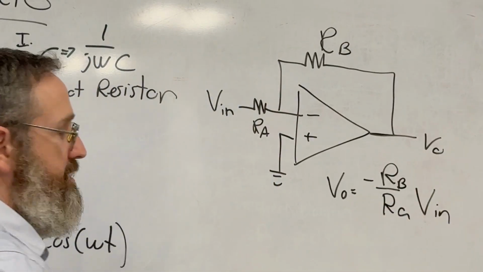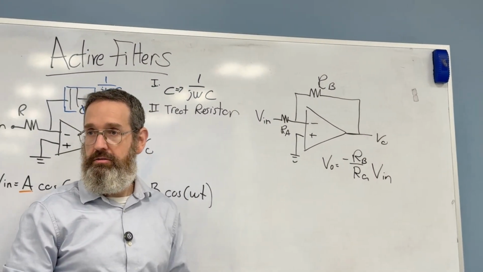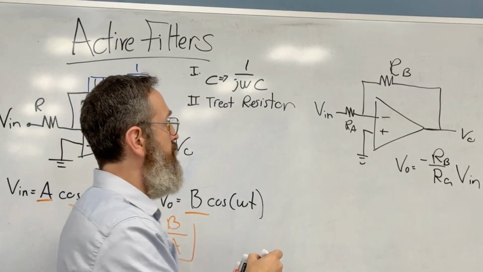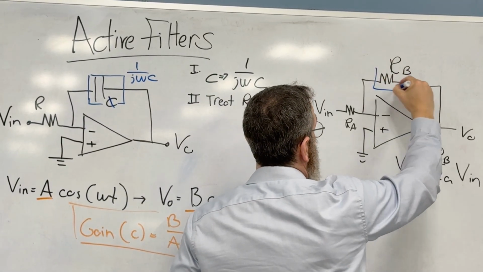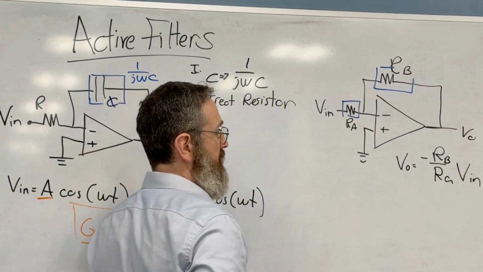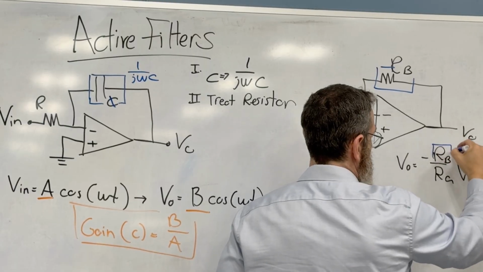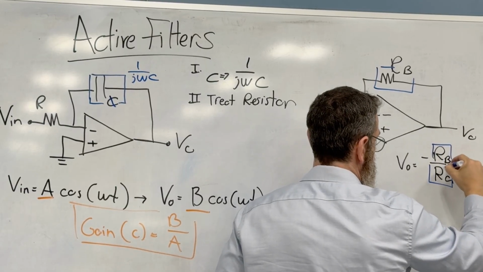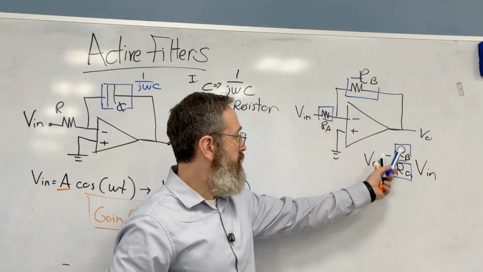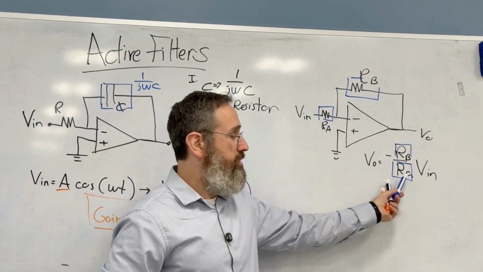We already know the answer, right? Because we derived it earlier. That's the equation for an inverting amplifier. I'm going to put a square around this, and a square around that, to remind you that these are the elements. This value here plugs into here, and this value plugs into here.